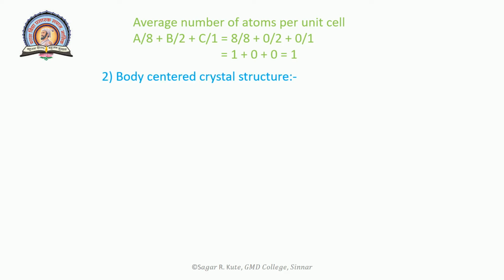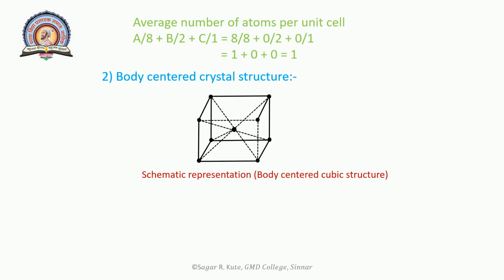Now the next type is the body centered structure. Now this will be the schematic representation of the body centered cubic structure. This type of crystal structure is slightly more complex compared to the simple cubic structure. In this crystal structure, one atom is placed at each corner of the unit cell.